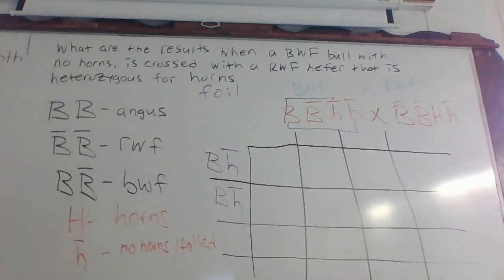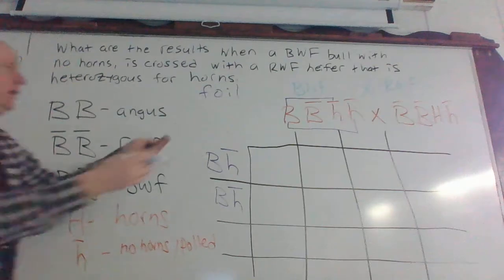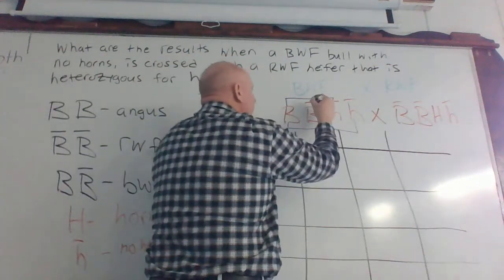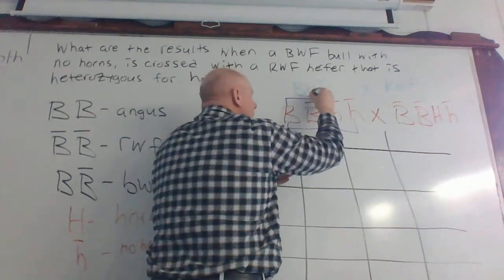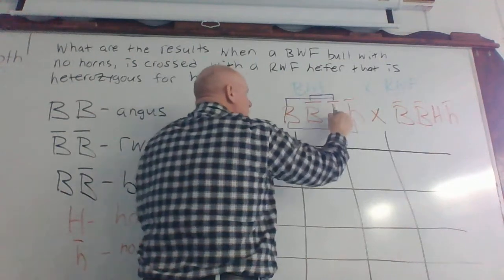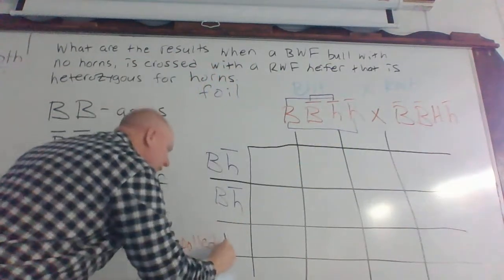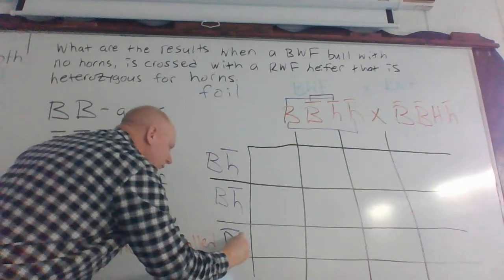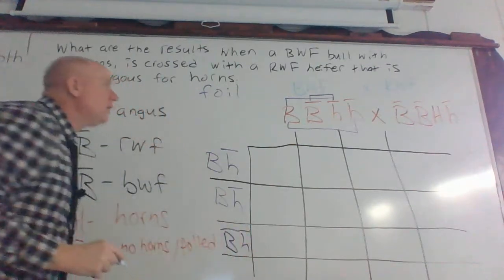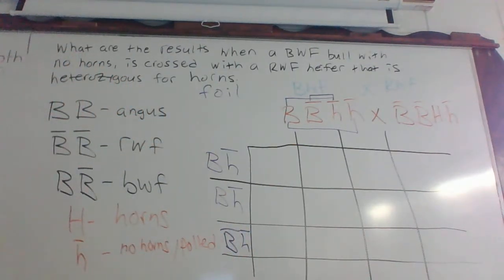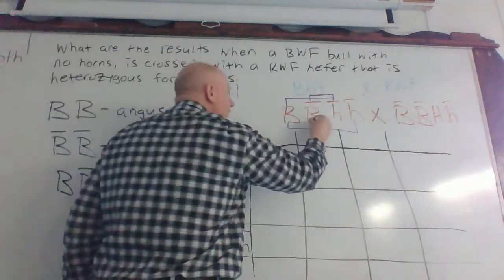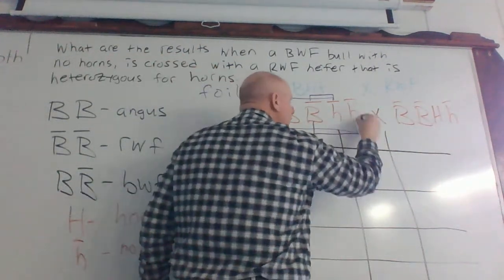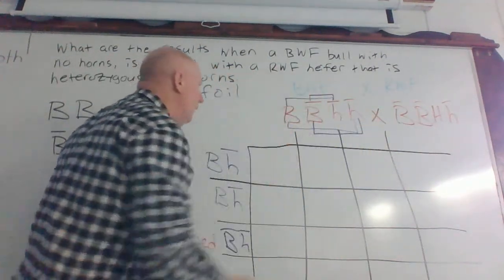Now, the inside of this box here, this capital B with a line to this lowercase h. And then finally, the last one, the last one in the set of alleles. You go by sets of alleles.